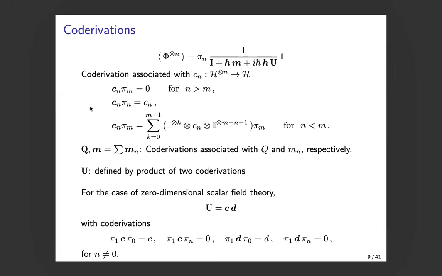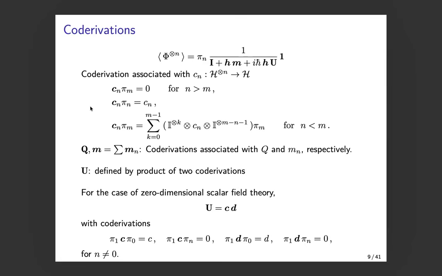Here we have U, and this is different from co-derivations. It is defined by the product of two co-derivations. For the case of zero-dimensional scalar field theory, this is the product of the co-derivations C and D. These C and D are associated with the basis vectors c and d, and the characterization of these co-derivations is given by these relations.